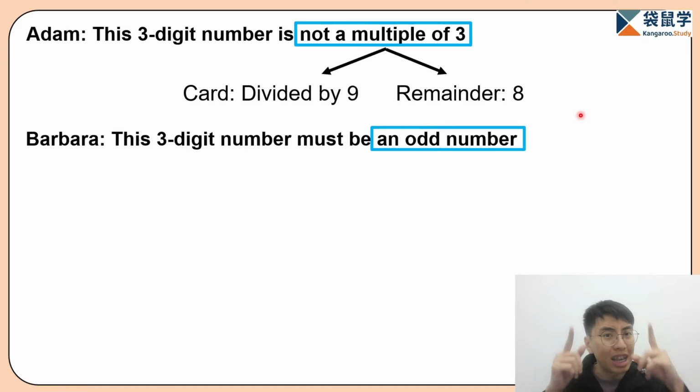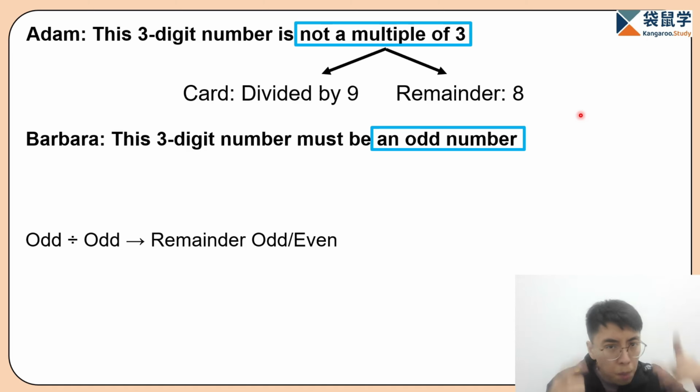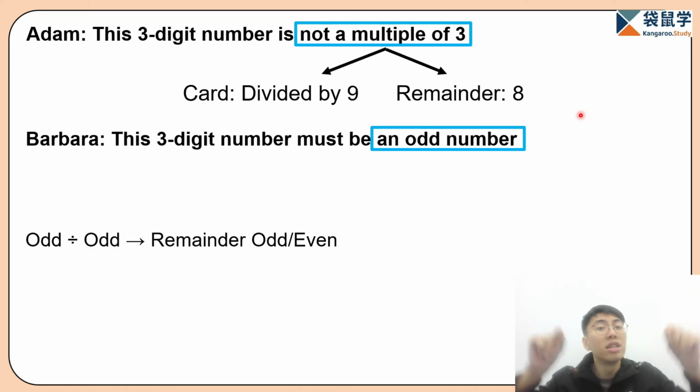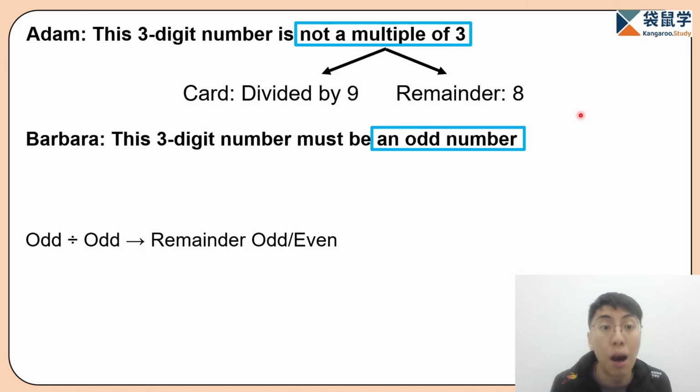So with that being said, we see that when an odd number is divided by another odd number, we do not know what its remainder is. But if we change it up to an odd number divided by an even number, then what do I realize?